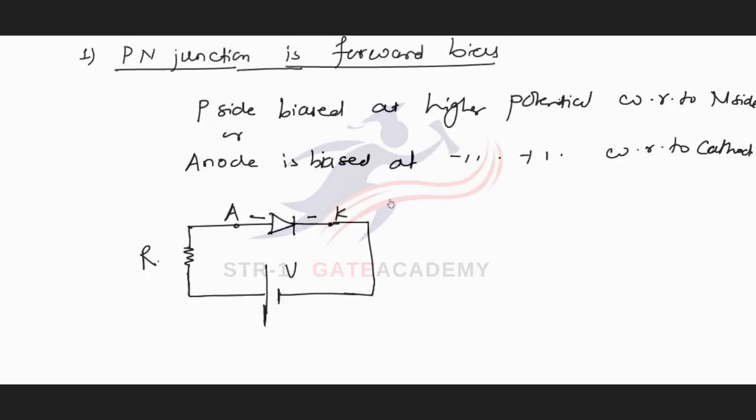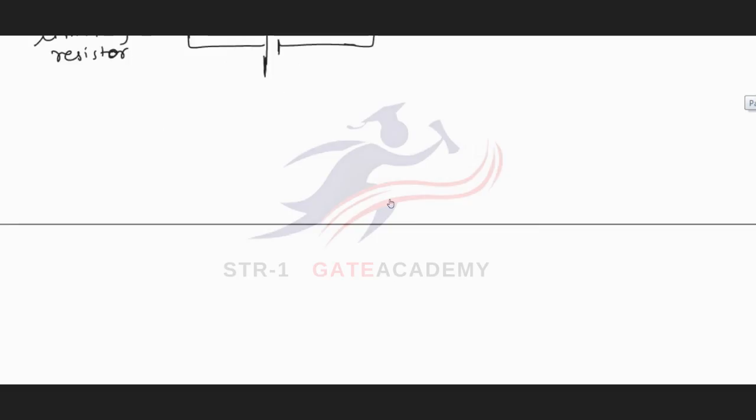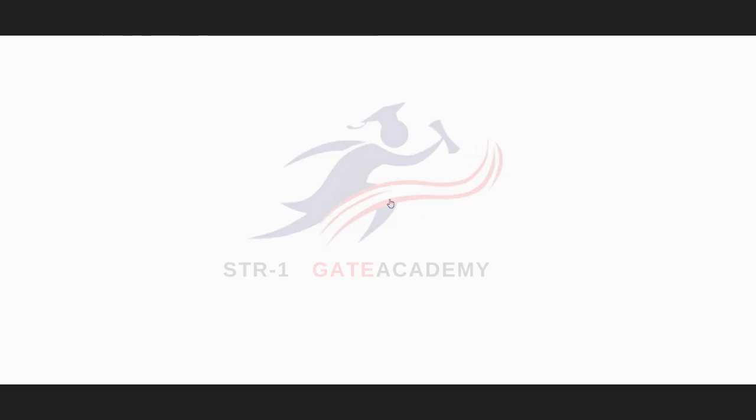This resistance R is called current limiting resistor. Now we will see the internal structure of diode when it is forward biased.